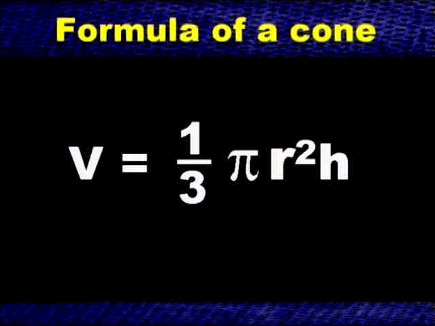Now if you look closely, 1/3, and why pi r squared? We're looking at the cone. Receiving students, please tell the class, where does that pi r squared come from? Why is it there in that formula?